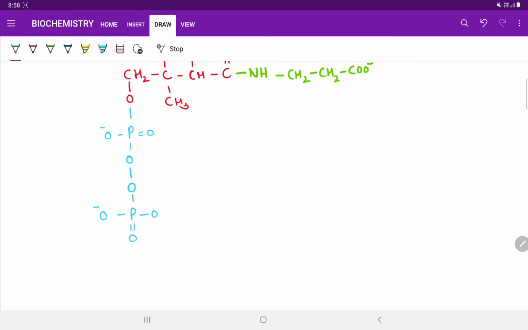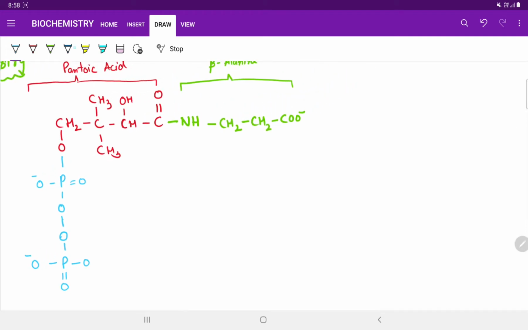And a cysteine molecule is added to this side. Now you can clearly see that a cysteine molecule is added on this side.